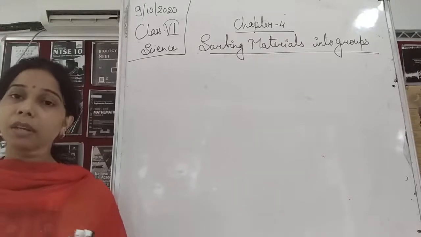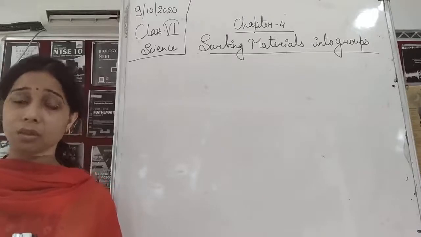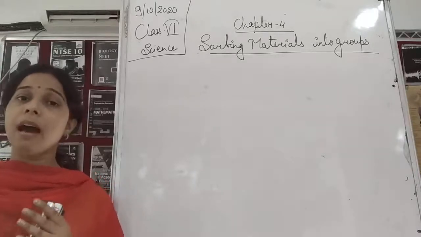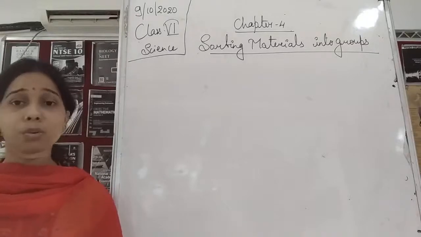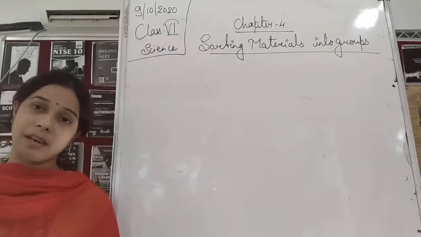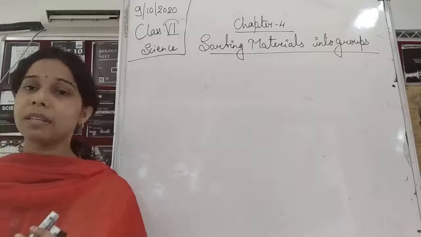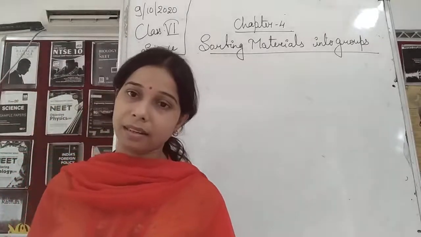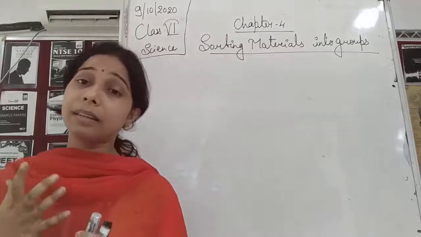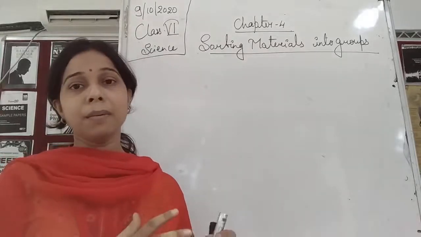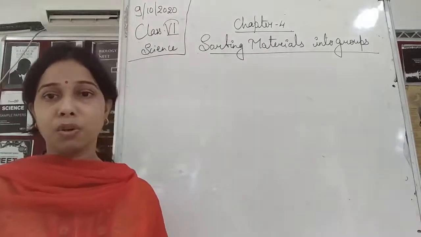Some of the objects are similar to each other, so they have similarities, as well as differences in their properties, so they also have dissimilarities. On the basis of the similarities and dissimilarities, we have classified, or there is the need of classifying, the objects into different groups.